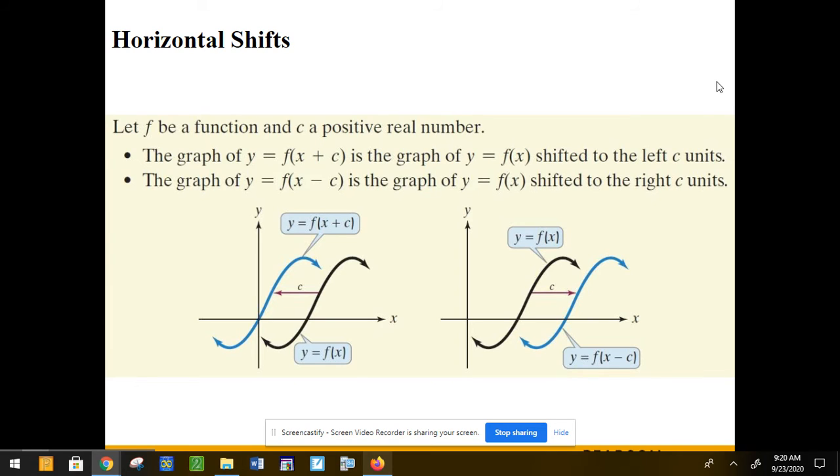So again, adding on the inside, left, subtracting on the inside, right. And when we're talking about inside, if this was an absolute value function, we're talking about inside the absolute value bars, adding or subtracting, as opposed to what we looked at for vertical shifts, which was outside. This is inside.